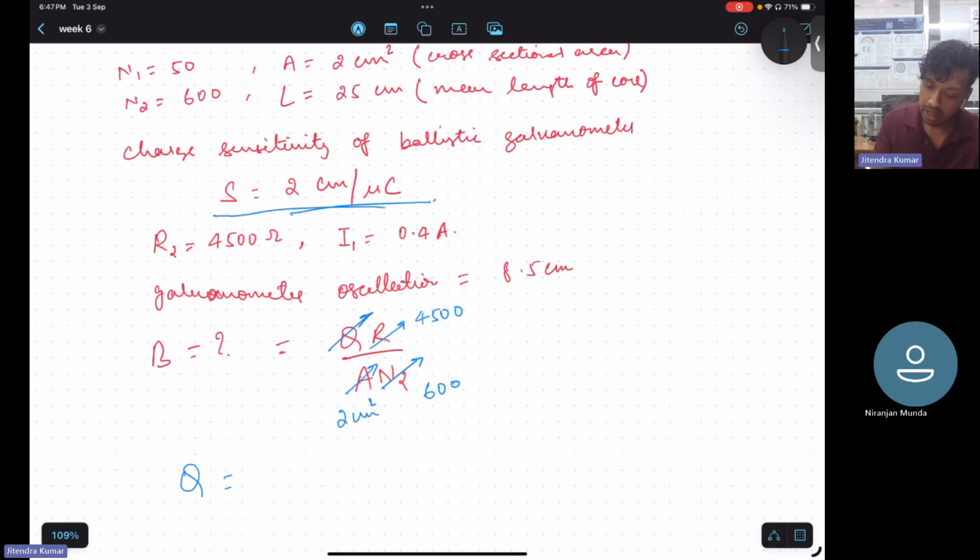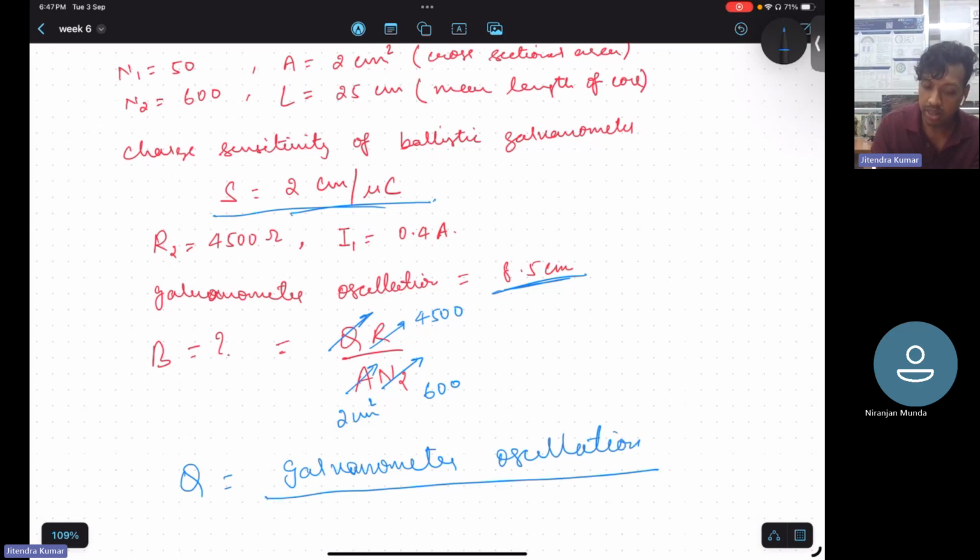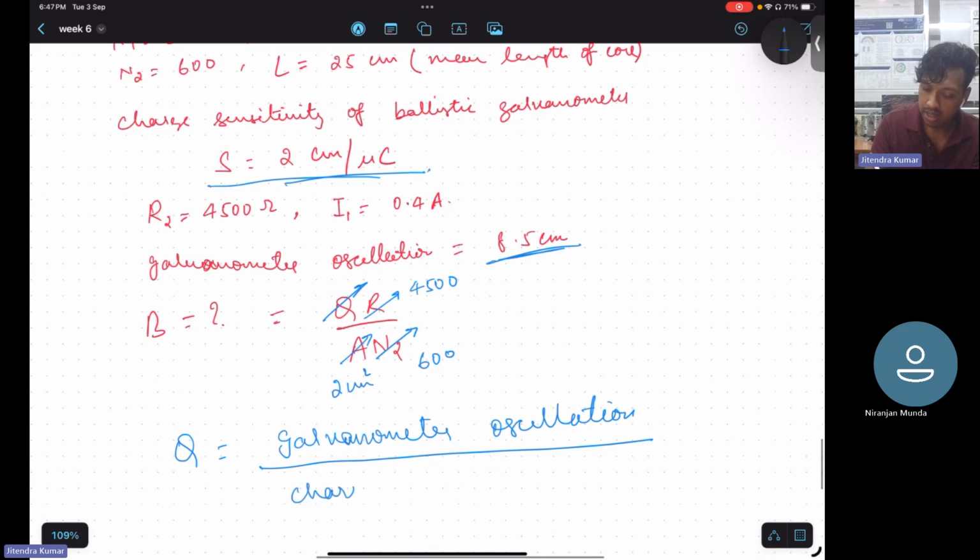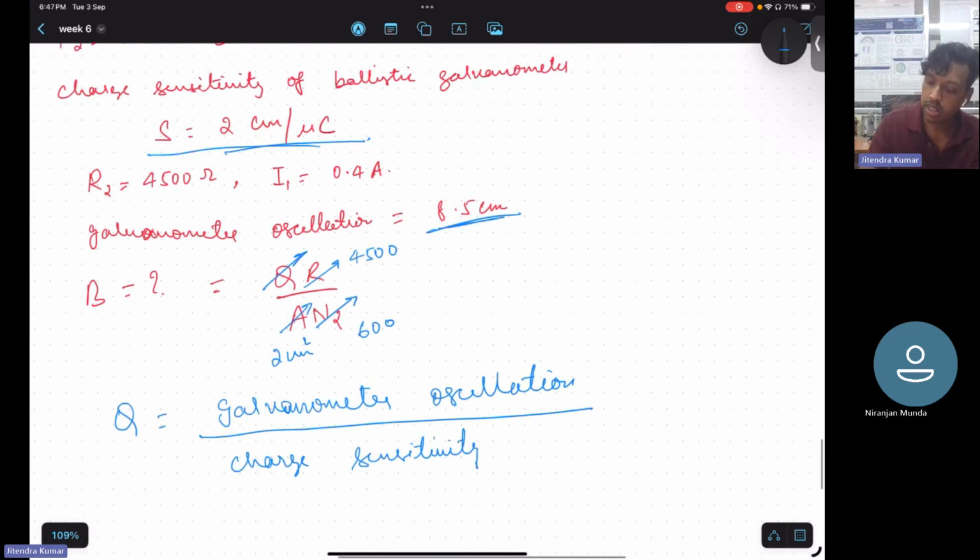So it will be this oscillation deflection, that is 8.5 centimeter. If you take galvanometer oscillation divided by charge sensitivity, you'll get the quantity of charge on the secondary side.